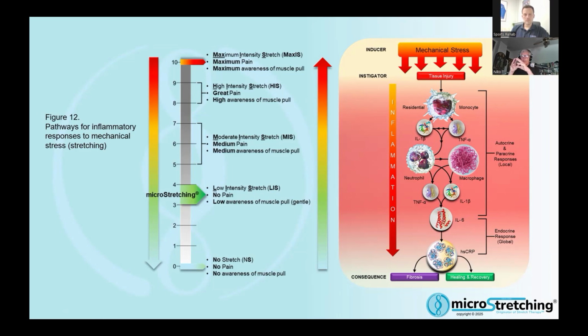It would be really great to do another study which specifically homes in on just 3 or 4 out of 10. But what we noticed is that as we progress from a 30% stretch to a 90% stretch, both immediately post and 24 hours post, we were more likely to see an increase in inflammation in the body.